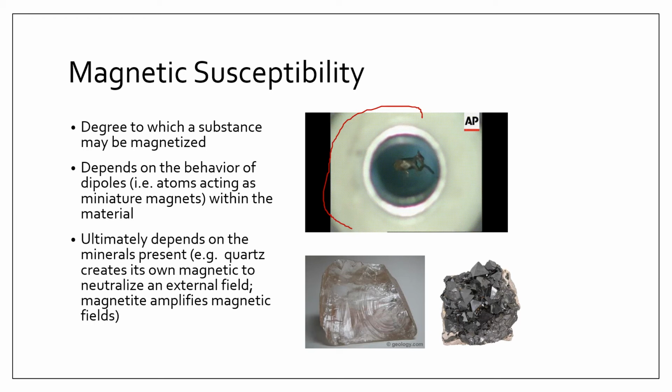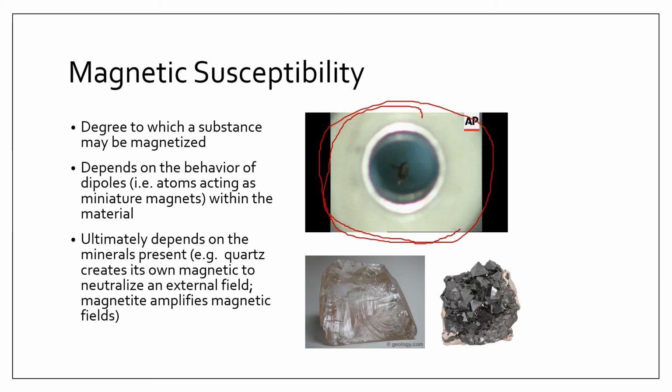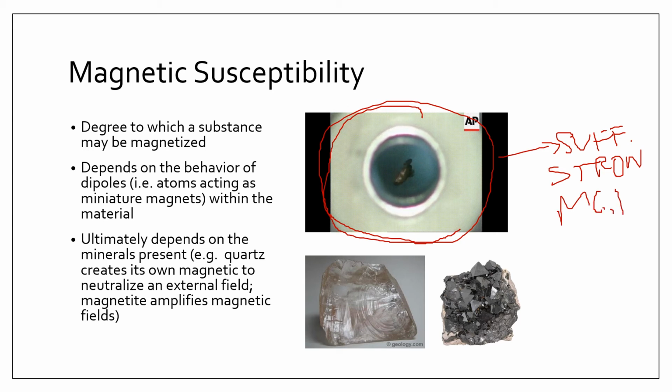Technically speaking, almost all everyday objects can be magnetized as long as you introduce a sufficiently strong magnetic field. As long as the magnetic field is strong enough, you can magnetize almost any object except for a few, which we will be discussing later.